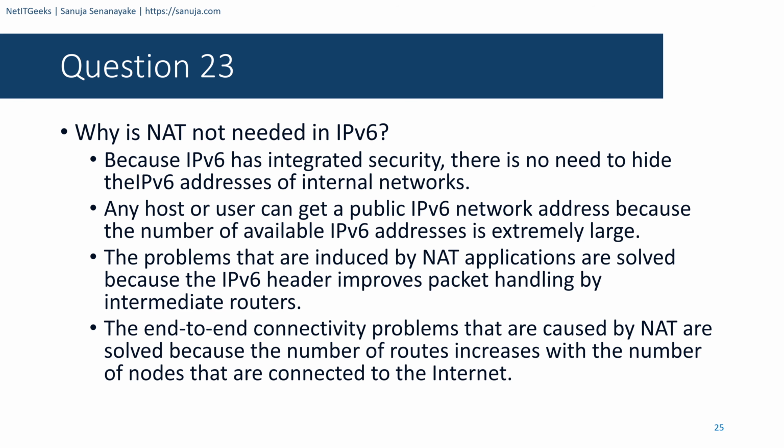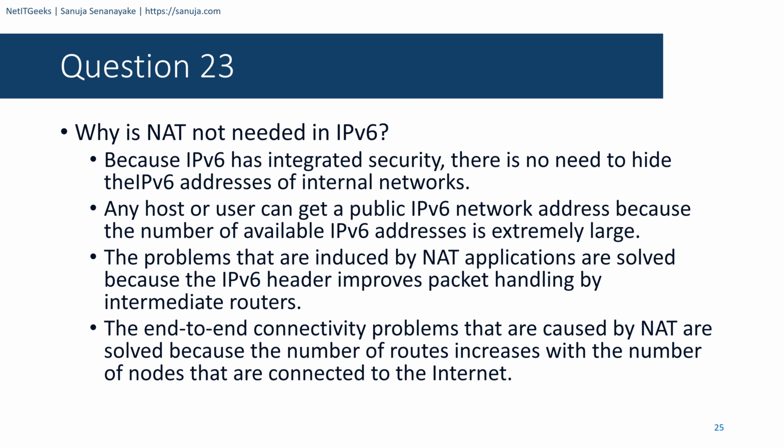So the question here is, why don't we even consider, and why don't we bother about NAT in IPv6? The answers include: because IPv6 has integrated security and there is no need to hide the IPv6 addresses of the internal network. Any host or user can get a public IPv6 network address because the number of available IPv6 addresses is extremely large.